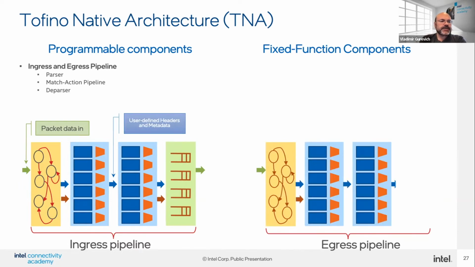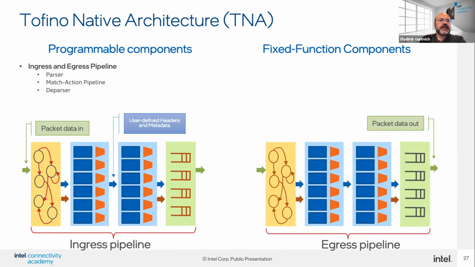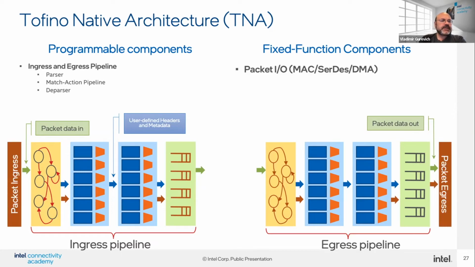They have the parser, ingress and egress parser. We have ingress and egress match action pipeline. We have ingress and egress deparser. And the other thing that is crucial to operation of any real-world device are the so-called fixed function components. Unfortunately, today we cannot express everything in P4, and so we need some additional components.